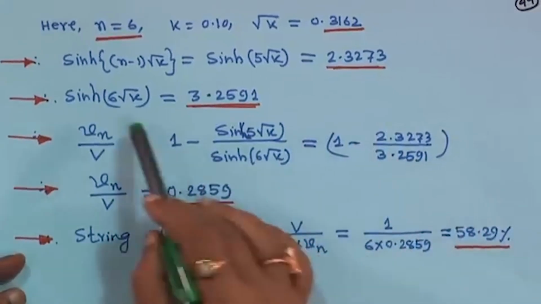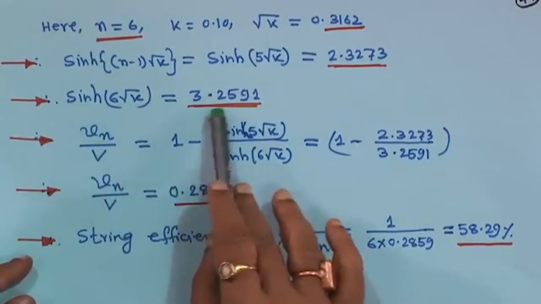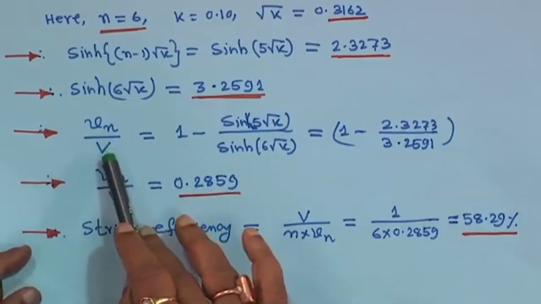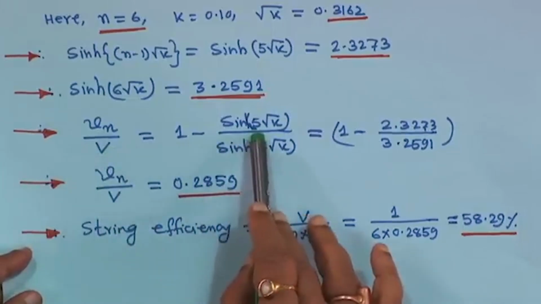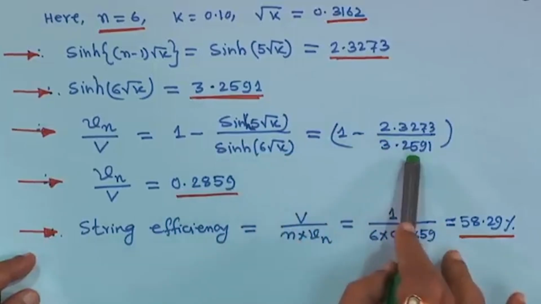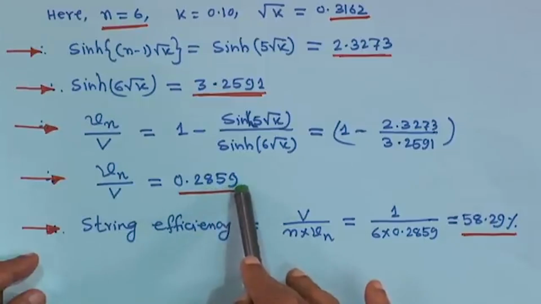And sinh(6 root k), when n is equal to 6, will become 3.2591. Therefore, small v n by capital V is equal to 1 minus sinh(5 root k) upon sinh(6 root k). Substitute all these values, you will get v n upon V as 0.2859.